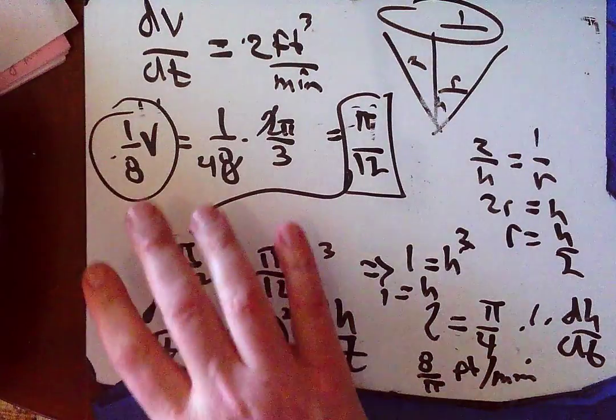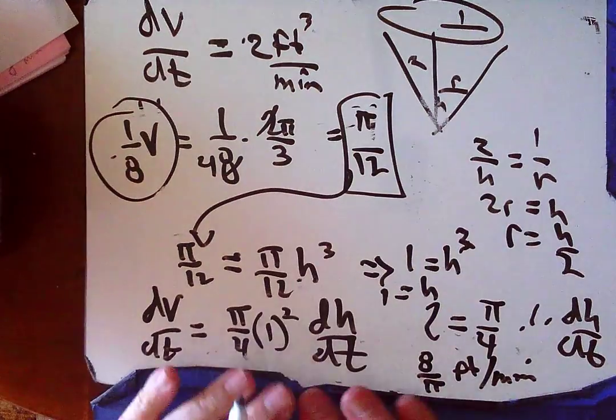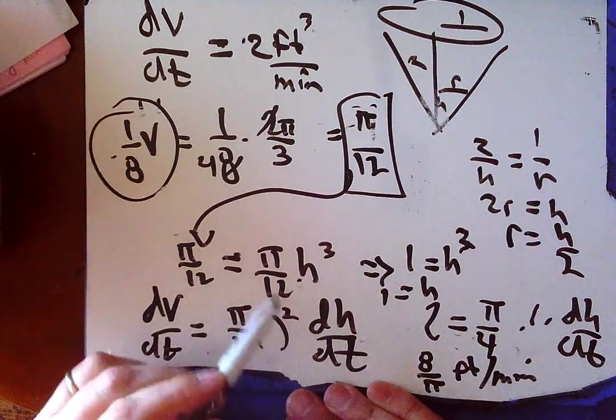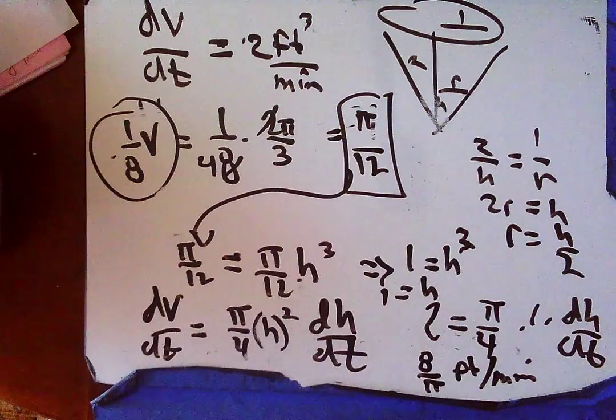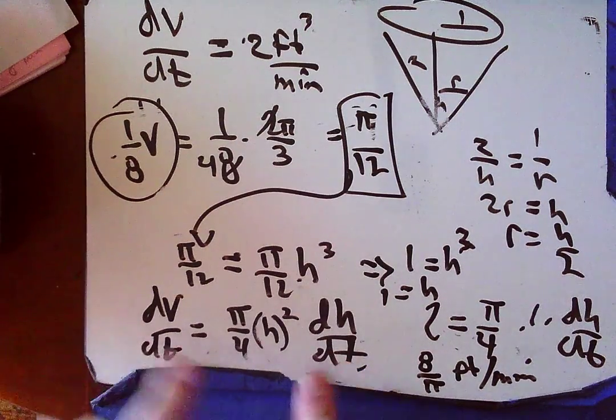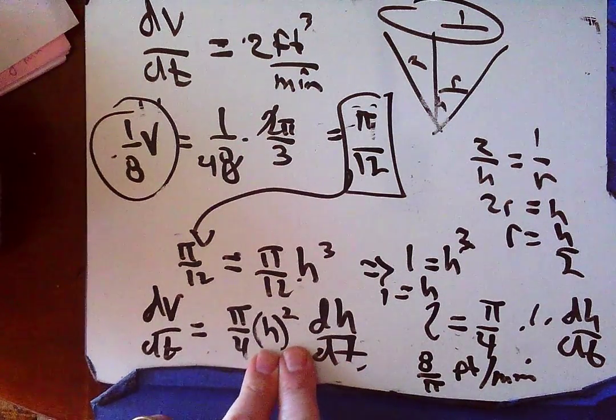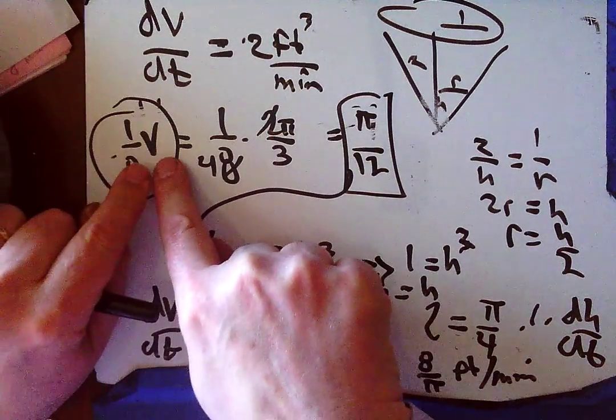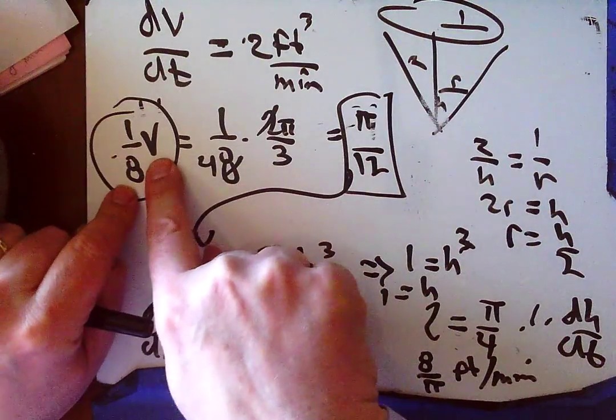Okay? Yeah, it was a little tricky over here. You might not see until you get to that place where you say, okay, they gave me that, I'm looking for that, I better figure out how to find that. We want to know what the height is when we're only 1/8 filled.